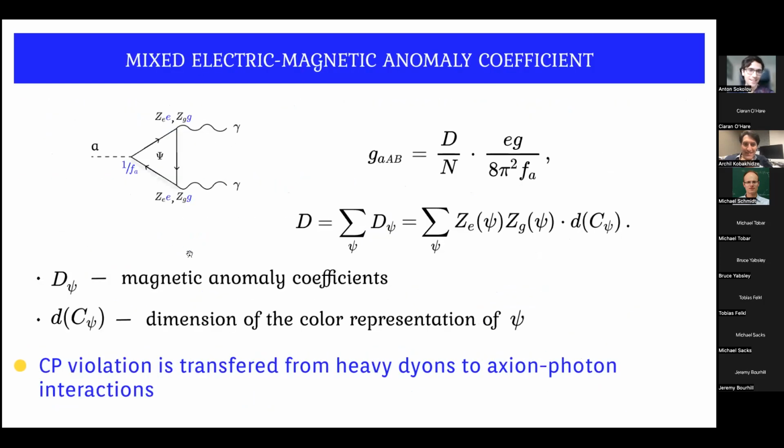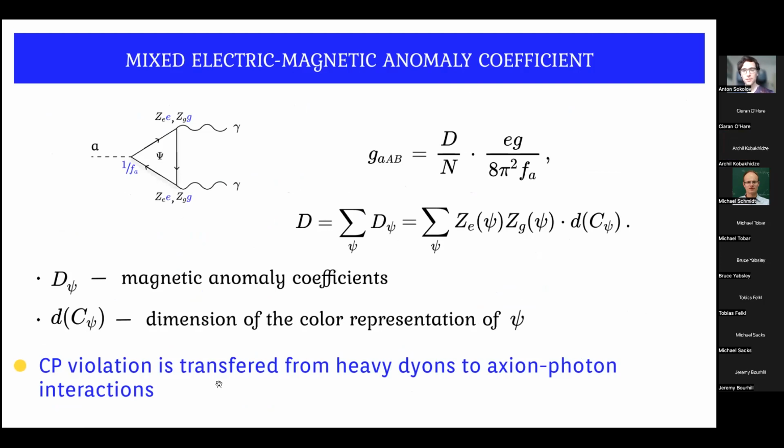Yes. Okay. Yes, and what is interesting is that now we get CP violating axion-photon couplings, and this CP violation is transferred from heavy dyons, and so we can really probe.